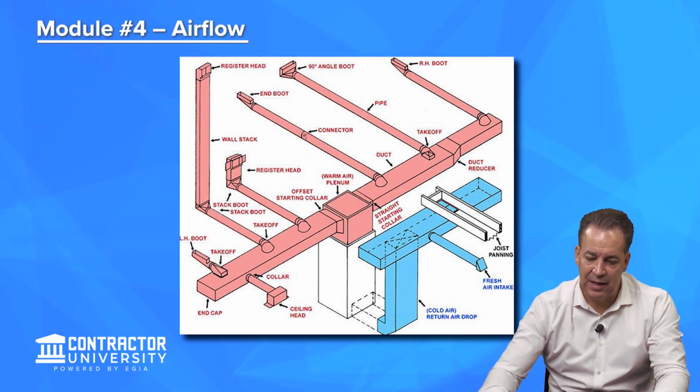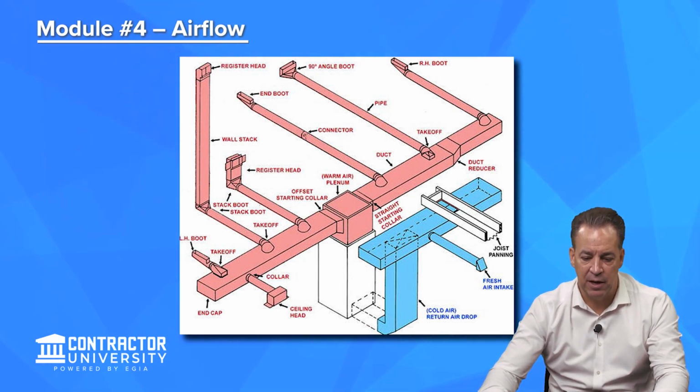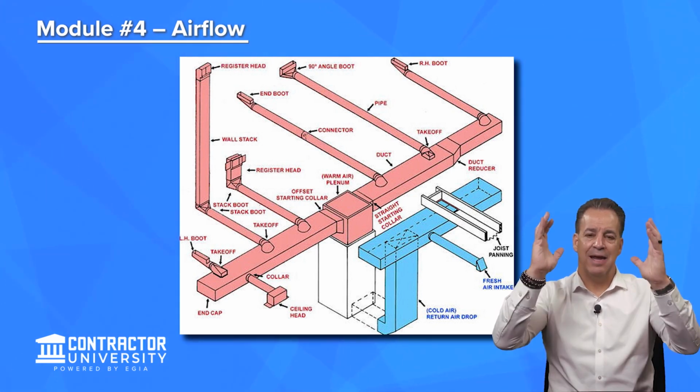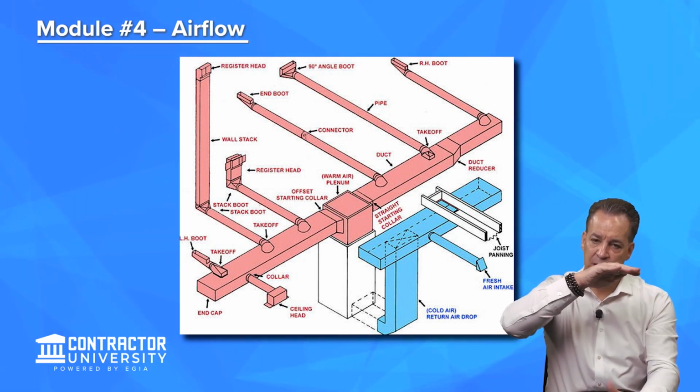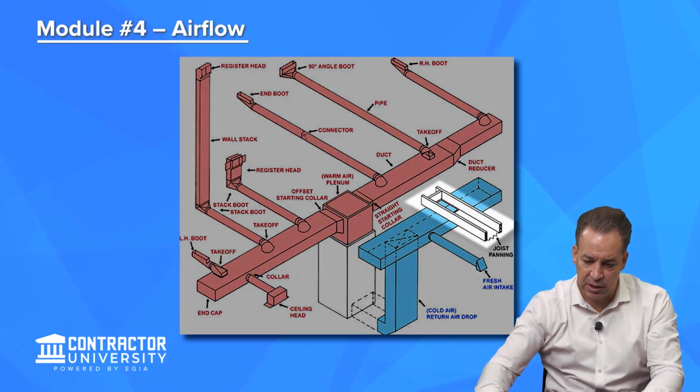But what we'll see in a lot of houses here is what we call this free return. They cut a hole in the top of the duct, and the duct is mounted tight to the joist in the basement, in this particular case, and then they nail sheet metal across the bottom of the joist, as you can see.